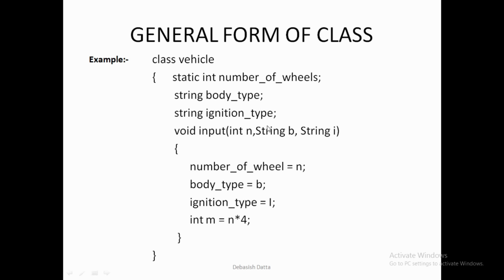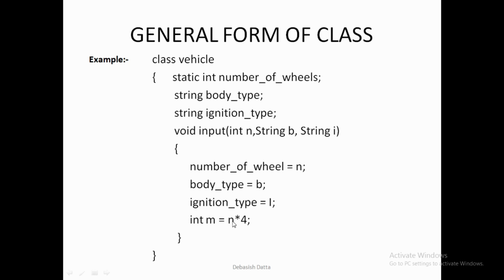According to the point, those variables which are declared inside the class but not inside any method qualify as member variables. So number of wheels, body type, and ignition type are member variables, but M, which is declared inside the input method, which happens to be declared inside the vehicle class, is not qualified as a member variable because it is declared inside the input method.